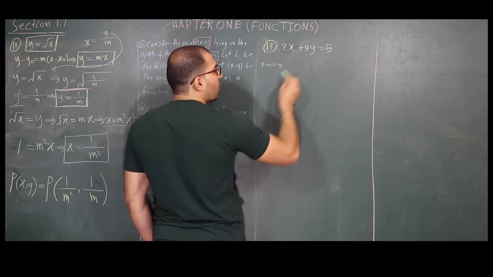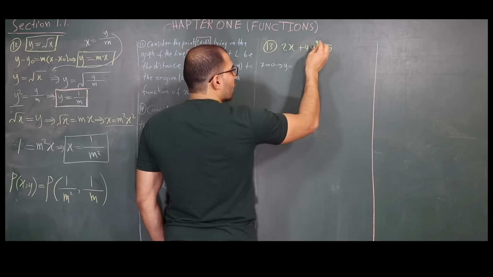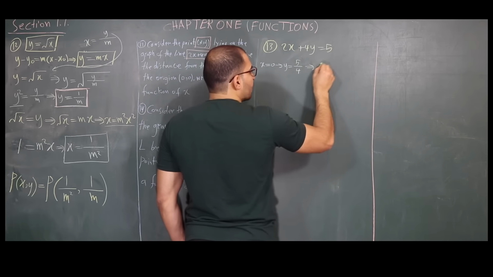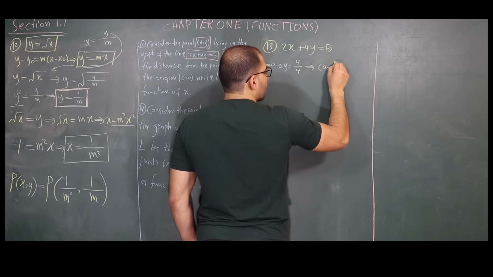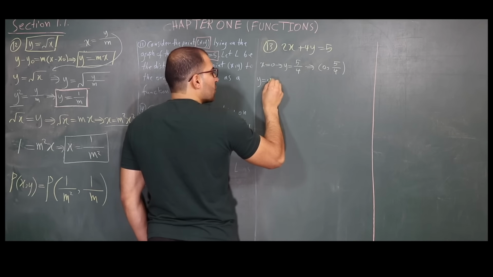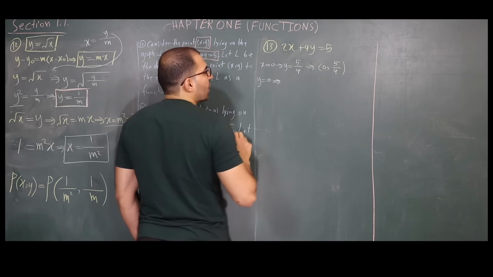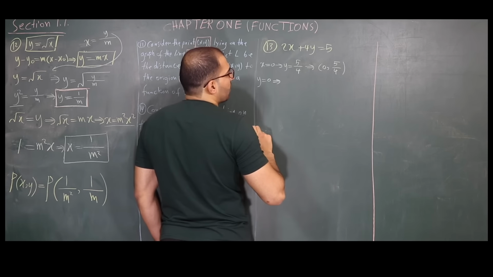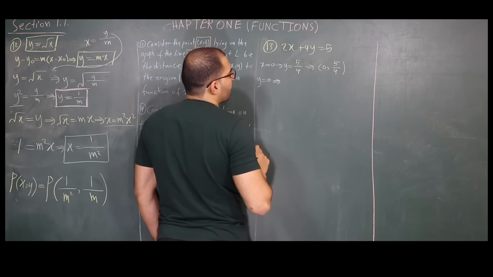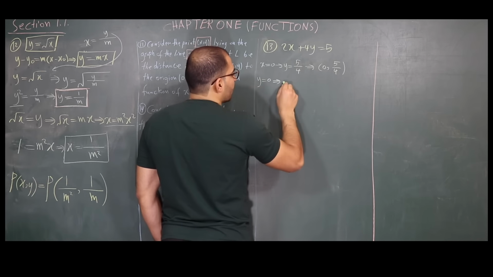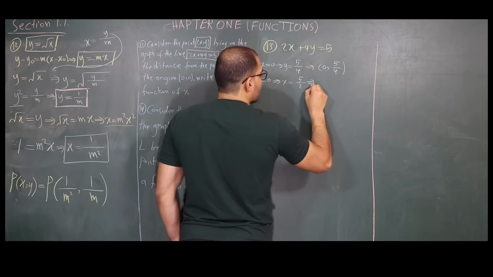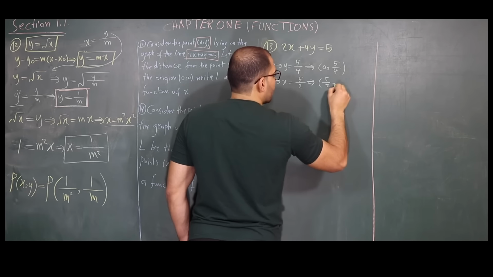The result will be y equal to 5 by 4, so the point (0, 5/4). And then we will choose y equals 0 and substitute it in the line. So the result will be x equal to 5 by 2. So (5/2, 0).